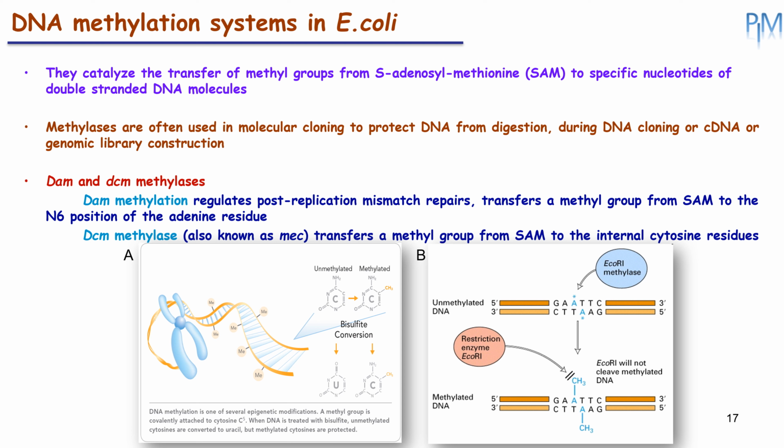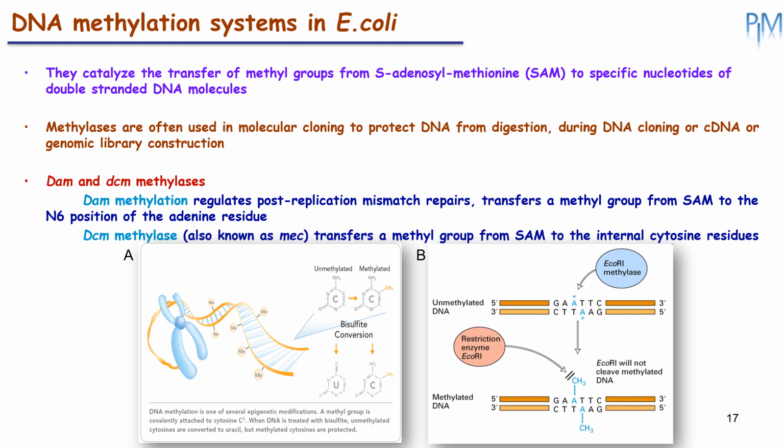To prevent the destruction of their own DNA by the restriction enzymes, bacteria mark their own DNA by adding methyl groups, which is called methylation. Methylases catalyze the transfer of methyl groups from S-adenosyl methionine to specific nucleotides of double-stranded DNA molecules. Methylases are often used in molecular cloning to protect DNA from digestion during DNA cloning or cDNA or genomic library construction. Next, the Dam and Dcm methylases.